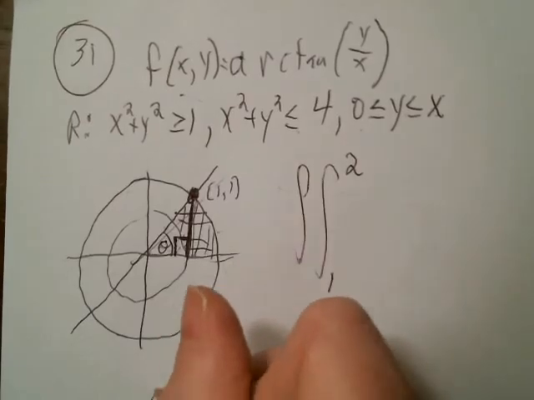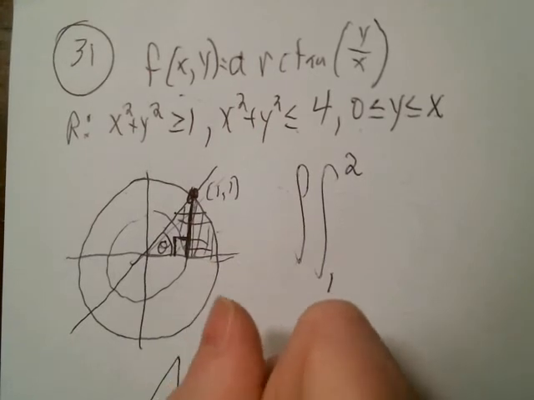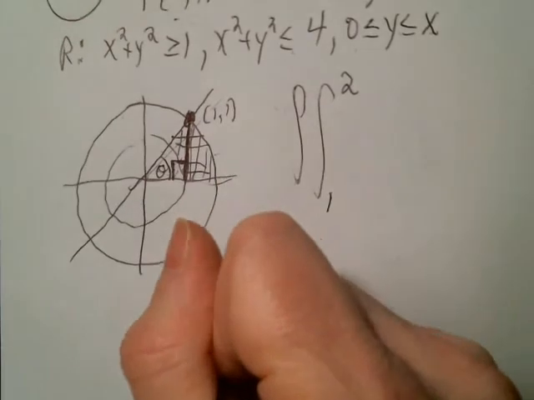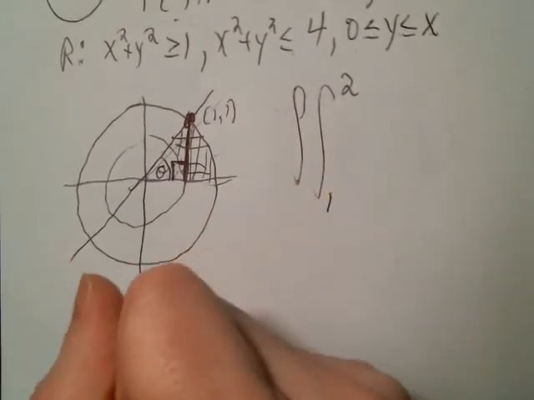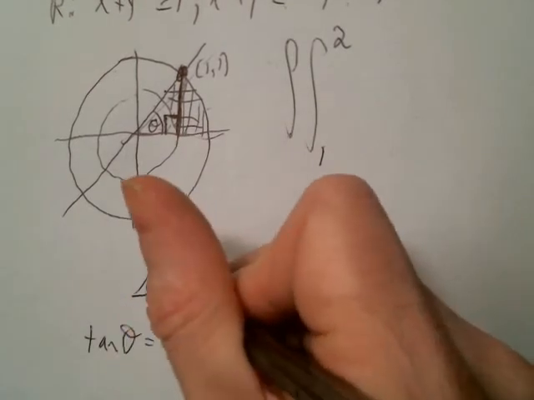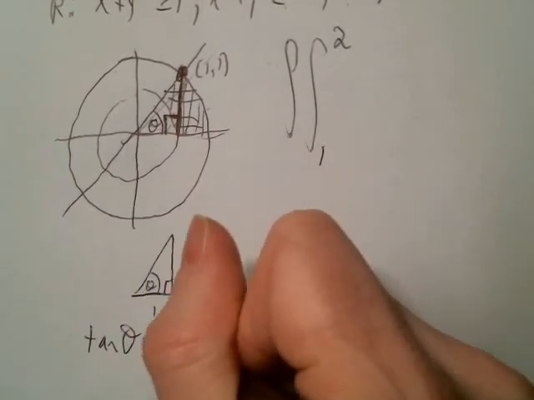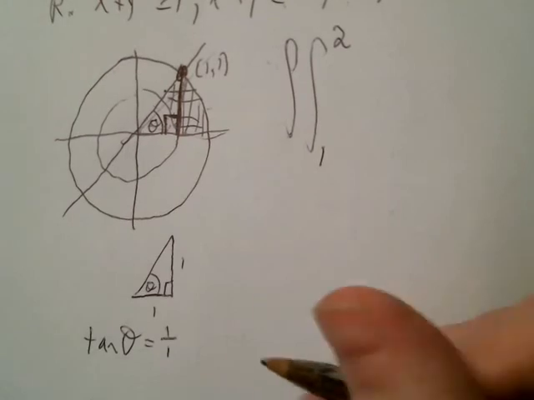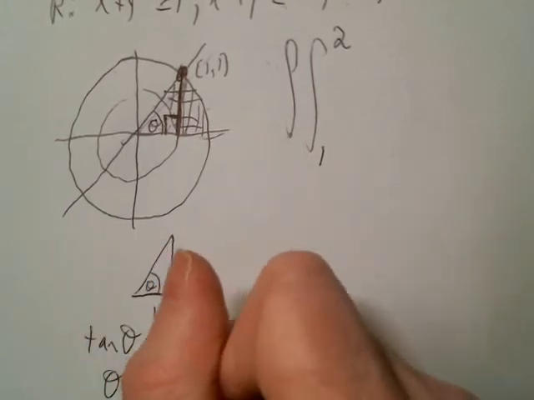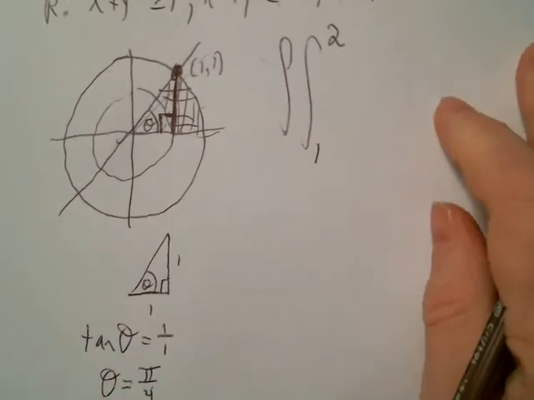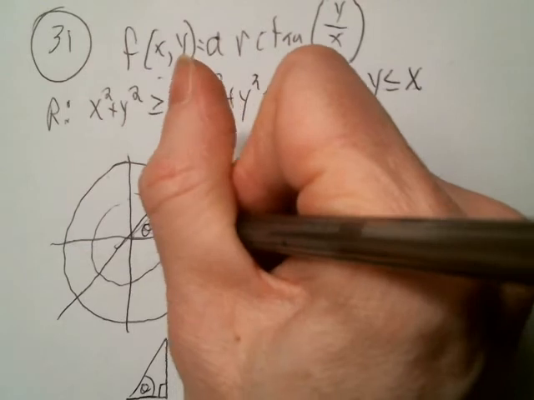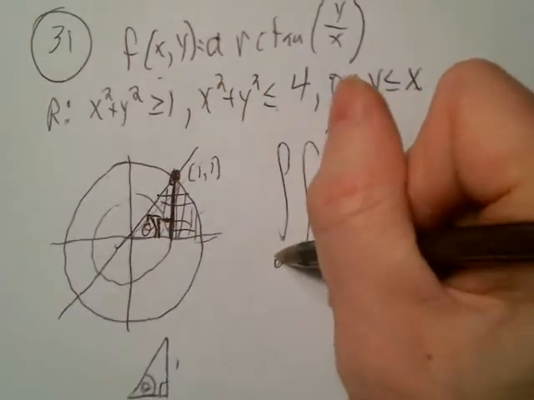And if you look at that triangle, here's theta. This side is 1, this side is 1. So the tan of that angle, as a ratio of sides of a right triangle, is opposite over adjacent. And again, it's pi over 4, right? The tan of what angle is equal to 1? Well, the tan of pi over 4 in that first quadrant will give it to you. So my theta is running from 0 to pi over 4.